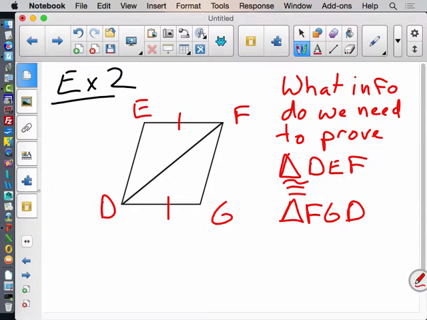And they tell us to prove it by the side angle side theorem. They don't tell us it's a parallelogram, although it appears to look like a parallelogram.